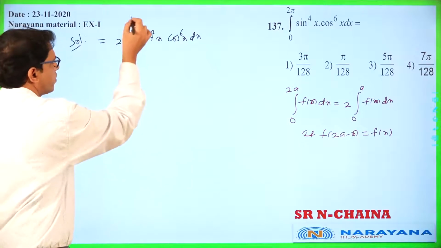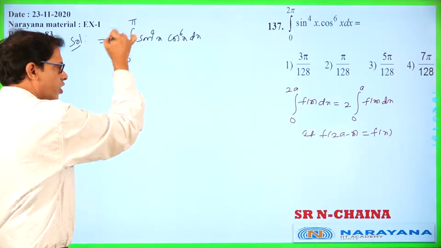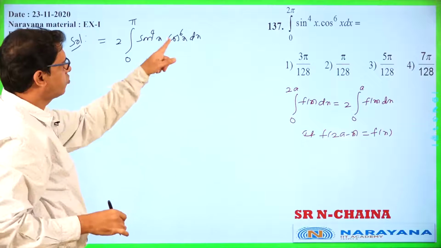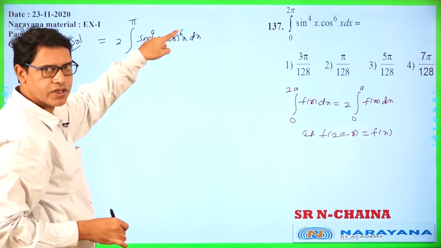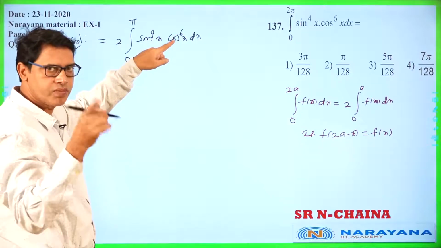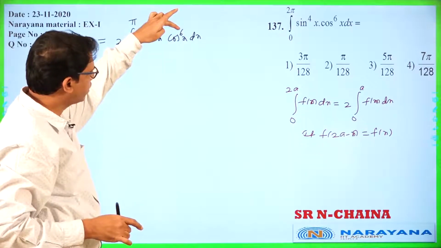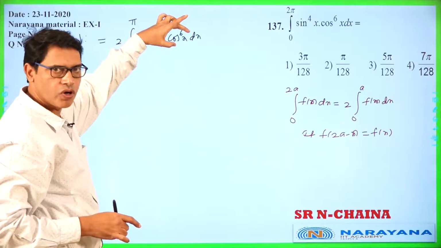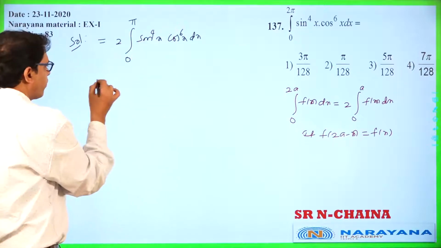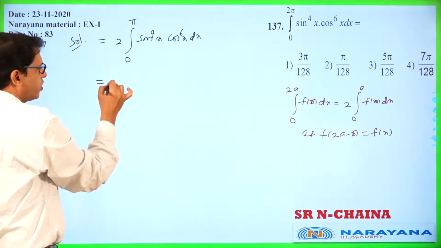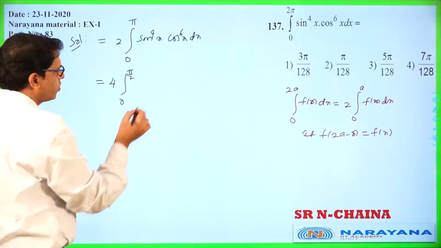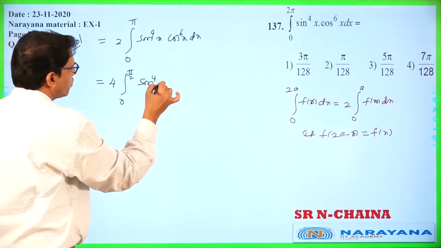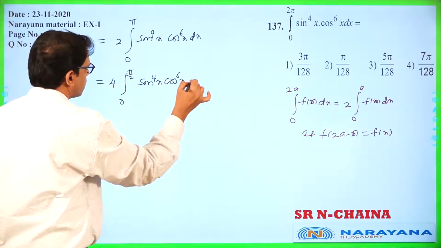In the next step, it becomes 2 into pi by 2, you can bring down 2, because the index of cos is even. The cos of pi minus x is minus cos x, but since the index is even, it becomes positive, so cos x only. I can apply one more time, so bring 2 here, so 4 into 0 to pi by 2, sine to the power 4 into cos to the power 6.